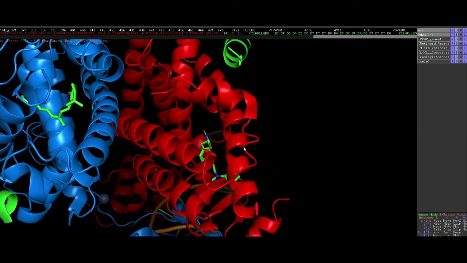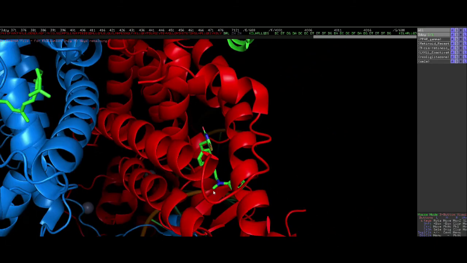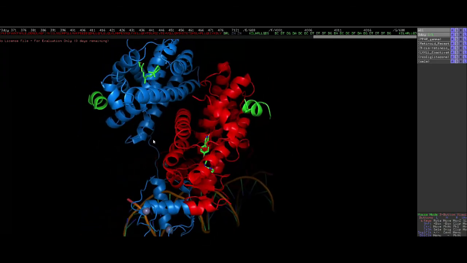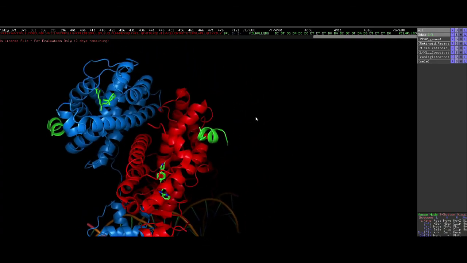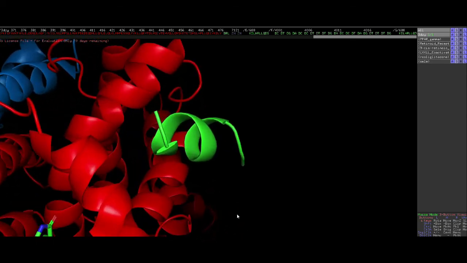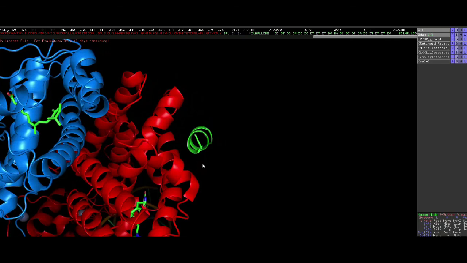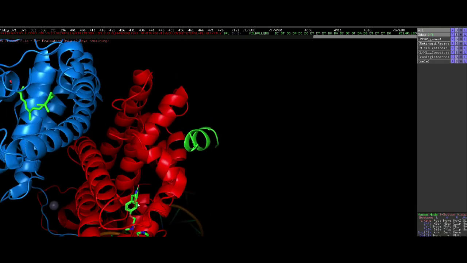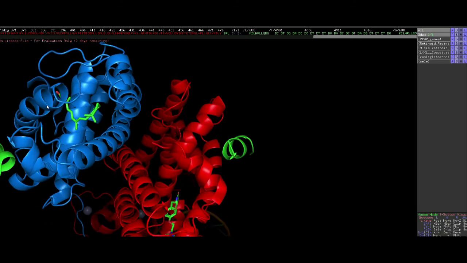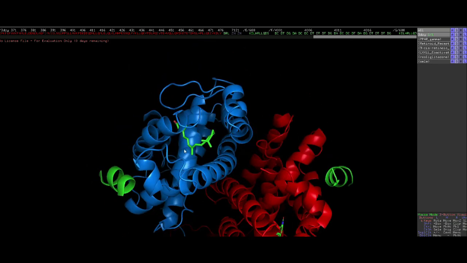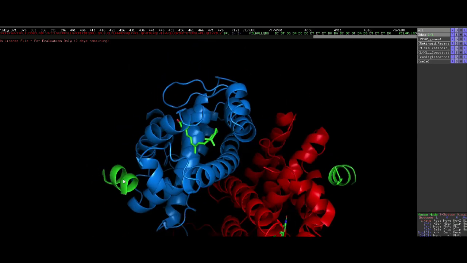This has sort of a ligand analog bound to its receptor binding site. These little green guys here are nuclear receptor proteins.